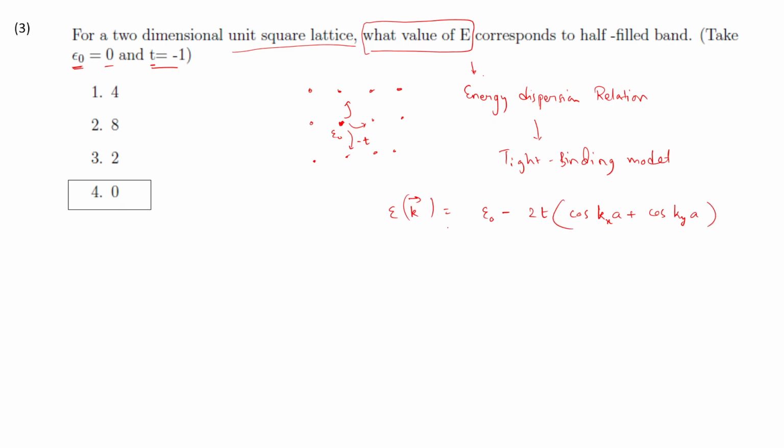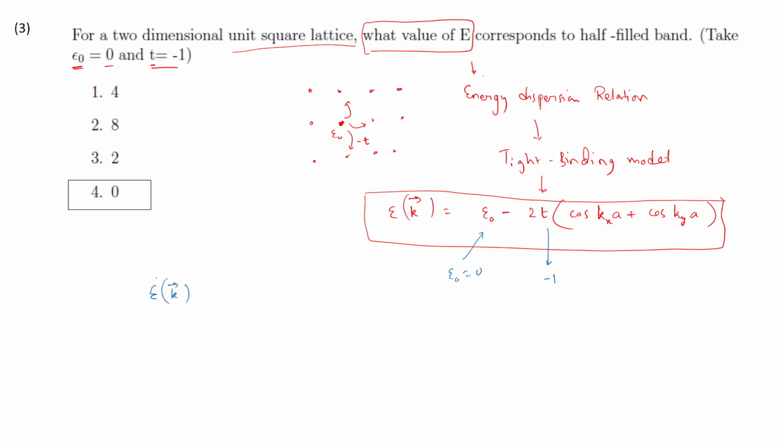So this is what you will get if you solve for the energy dispersion in the framework of the tight binding model. Now it has been given that epsilon naught is 0 and t is equal to minus 1. If we just put that, what we get is the energy epsilon of k, so 2 minus 2 and minus 1. Oh, sorry, 4.